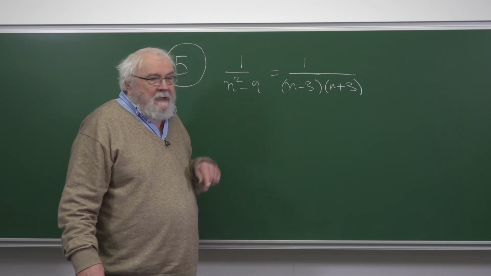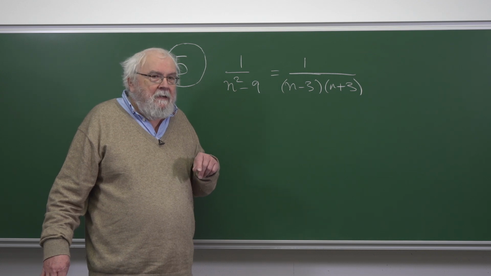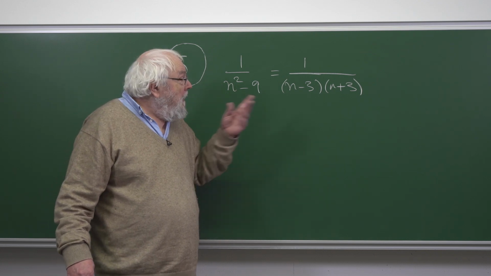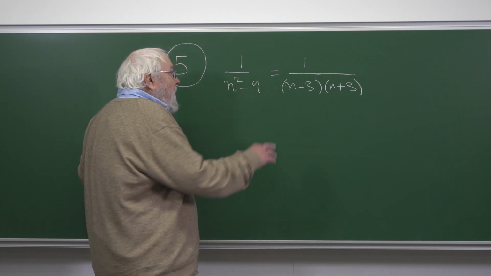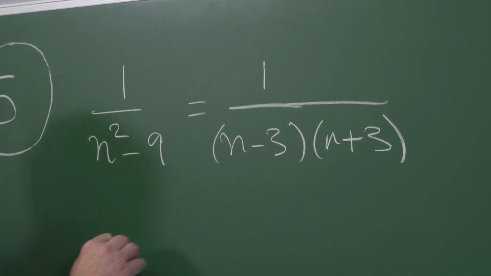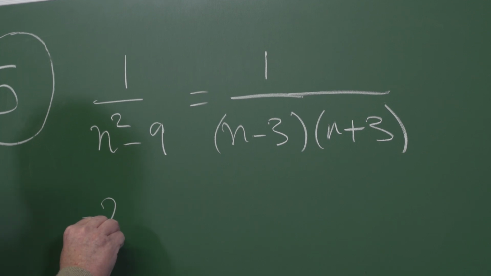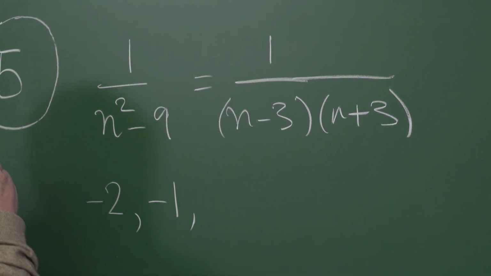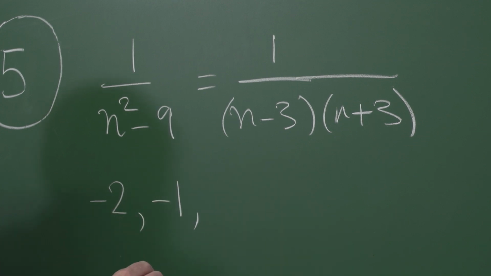And in the range that we're given, there are really not so many powers of 2 or minus powers of 2. Since n can be as small as 0, n minus 3 might be minus 2, could be minus 1. N minus 3 can't be 0.